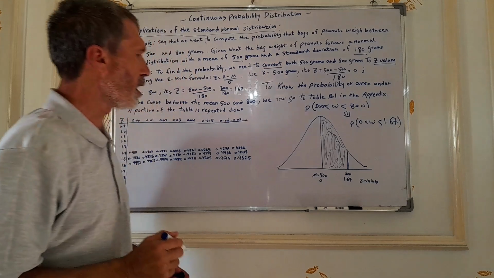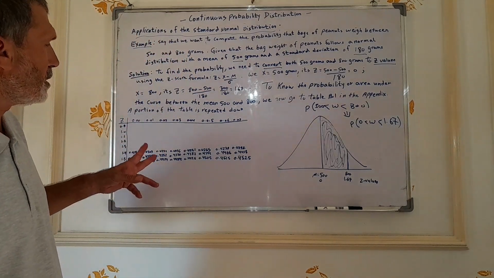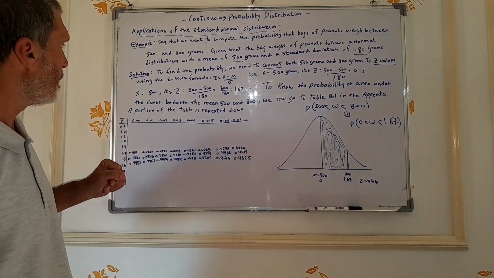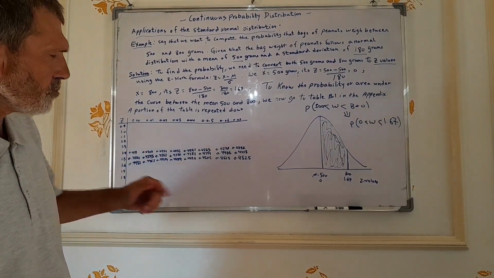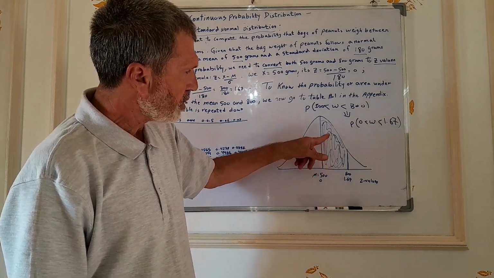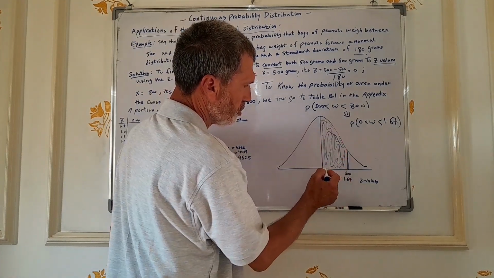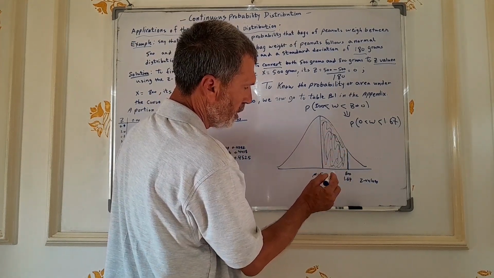How do we calculate this? Between 0 and 1.67, this is the area underneath the standard normal distribution.